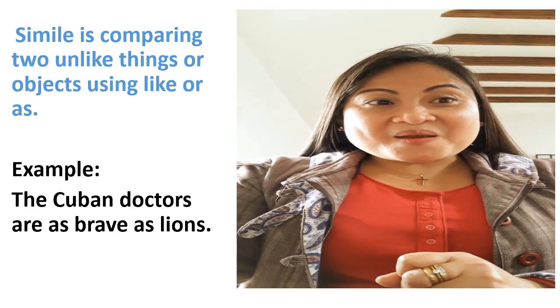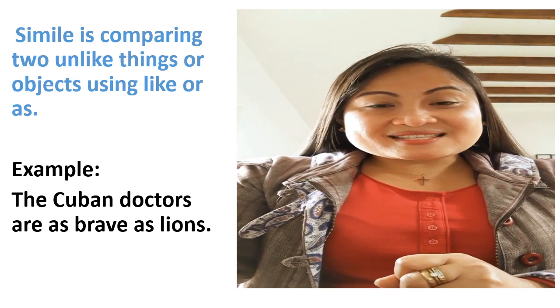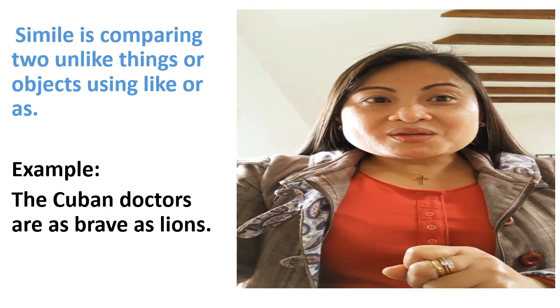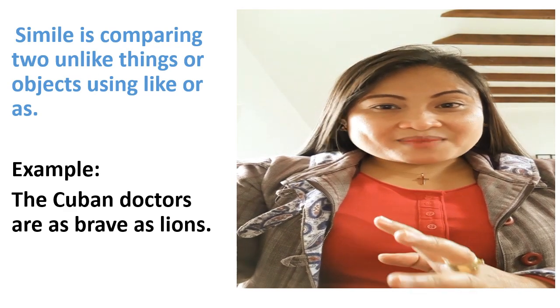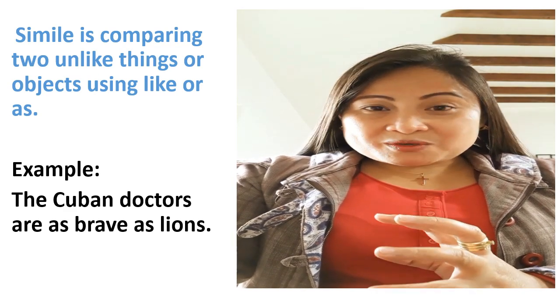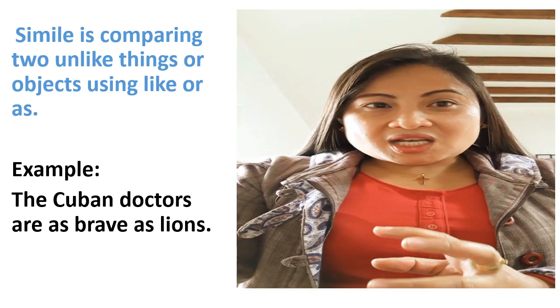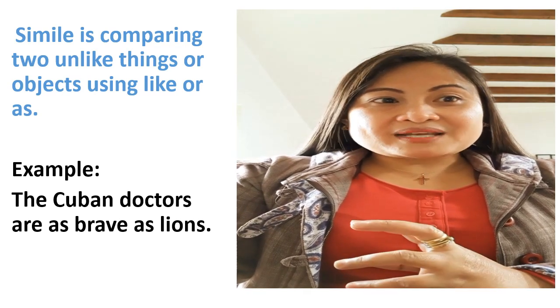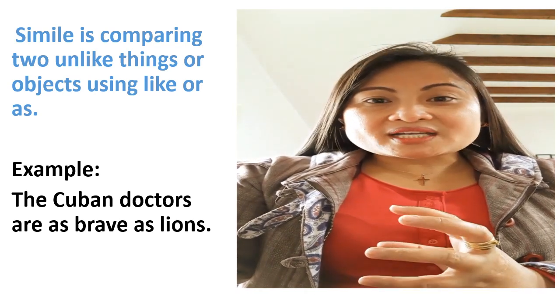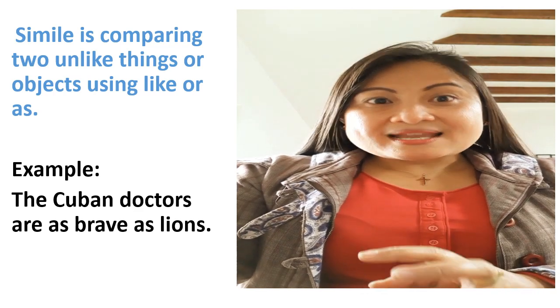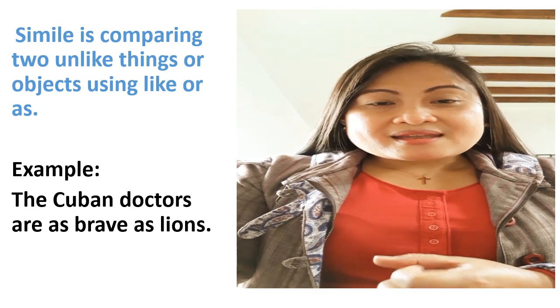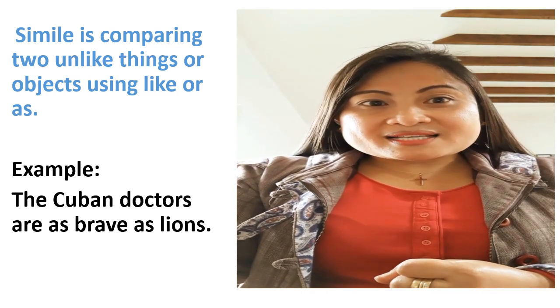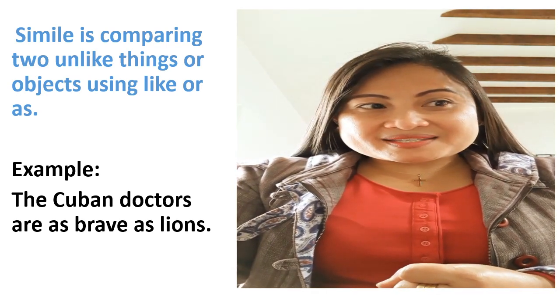Simile is comparing two unlike things or objects with the use of like or as. Now let us make it clear that when we compare, we are looking for similarities or the common characteristics of the two. Let's take this example. The Cuban doctors are as brave as lions.